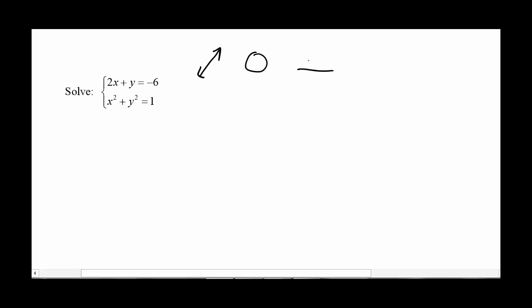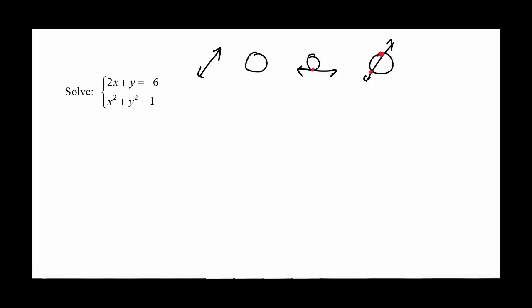Let's think of a scenario where they cross once. So somewhere where maybe the circle's on it, or maybe the circle goes through it, in which case it would intersect twice. Okay, and that's about it. So as I'm solving this, I expect it to be either once, twice, or none, one of those.